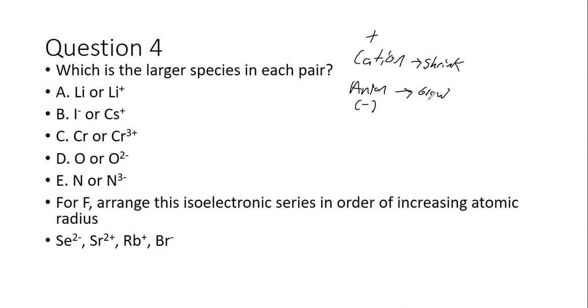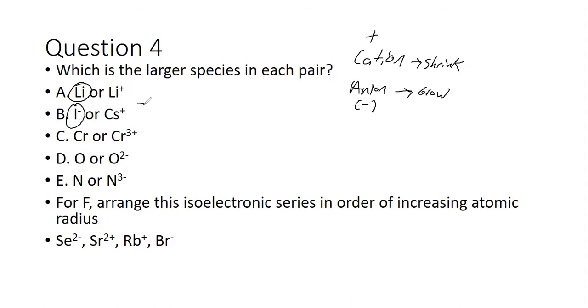So what's the larger species? Lithium is bigger than lithium plus, because as you become a plus, you shrink. I minus is bigger than Cs plus, because as you become negative, you grow. And if you look on the periodic table, Cs plus and I minus have the same electron configuration.